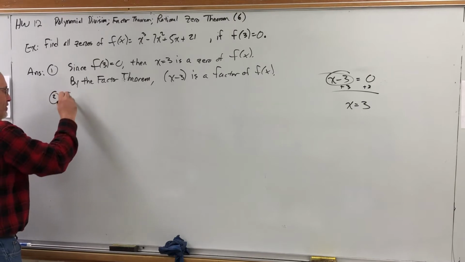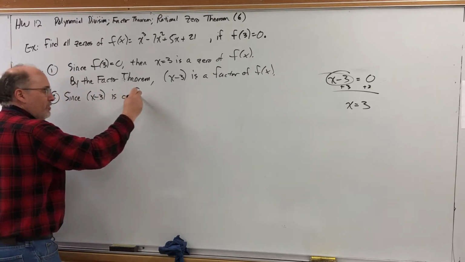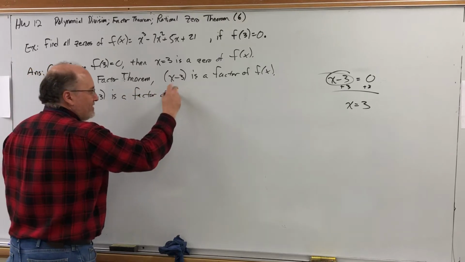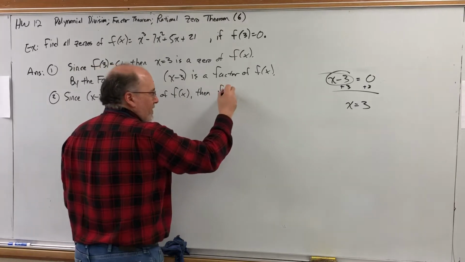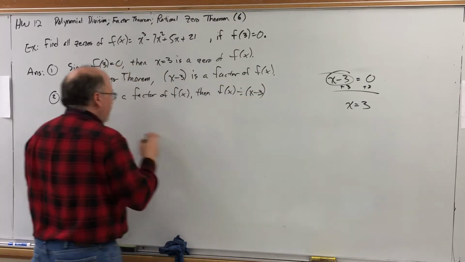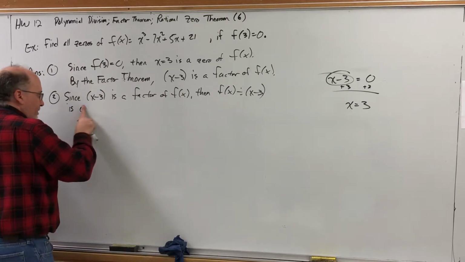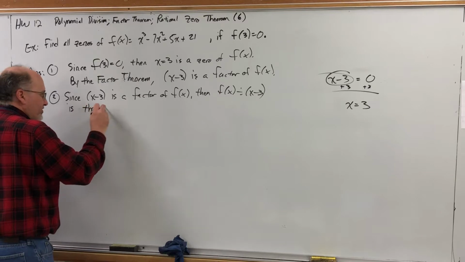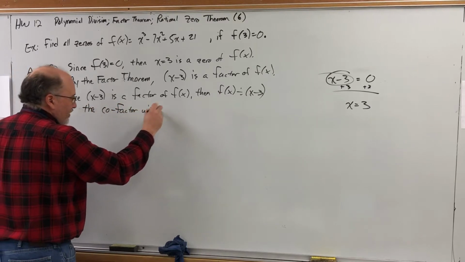Observation number 2. Since x minus 3 is a factor of f of x, then the answer to f of x divided by x minus 3 is the other factor. Or I should say, I'm going to bring in a new word, is the cofactor with x minus 3.